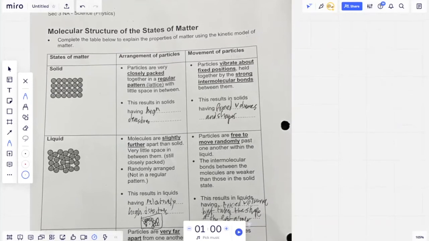Okay. So this is the particulate model of matter. They examine it in terms of solid, liquid, and gases.